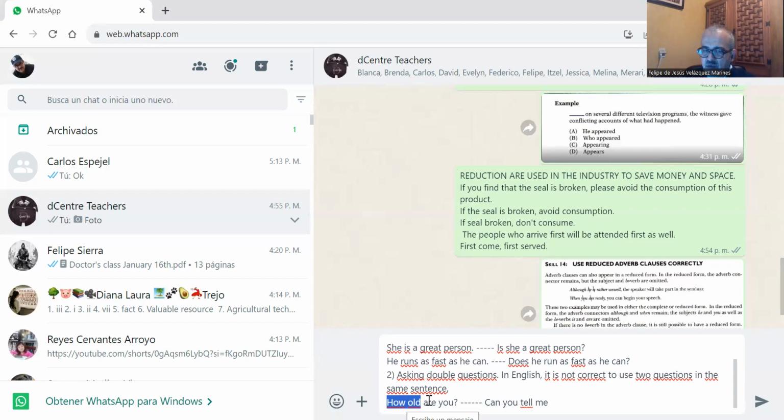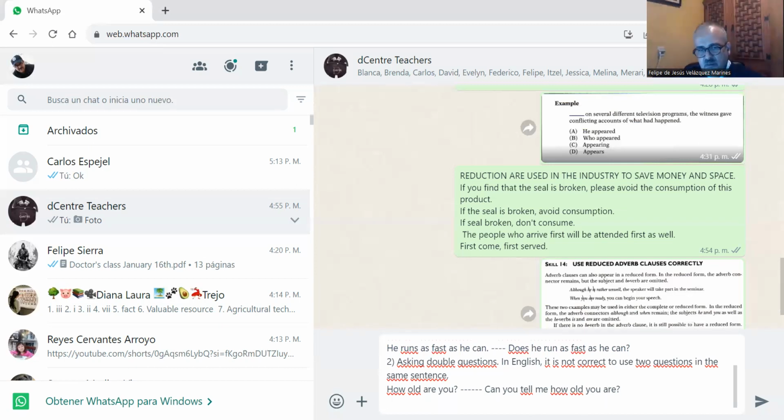The auxiliary verb is are. So then this is my question word or my question words, how old. So I'm going to use this as my marker, how old. But after the marker, we use subject and verb. Can you tell me how old you are? Yes. Okay. So for example, if I say, when will they leave? Okay, what happens if I say, do you know?